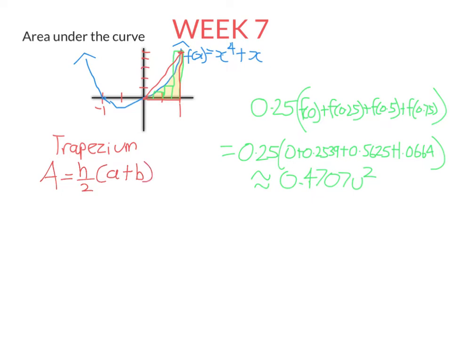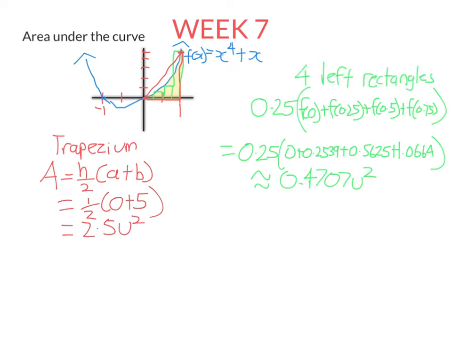It's just in this case that one of the 2 parallel sides has length equal to 0. Here, a is 0. b, this length here, is f of 1, which is 5. And h, the perpendicular height from 0 to 1, is just 1. So the area we get using the trapezium is 2.5 units squared.